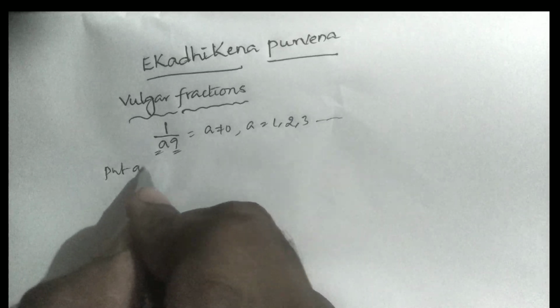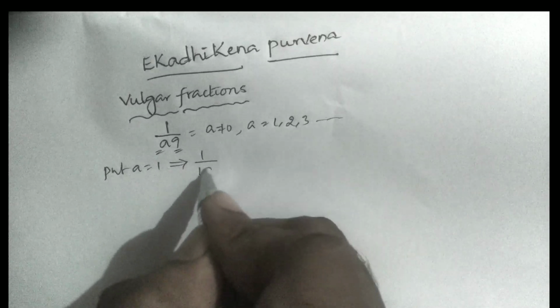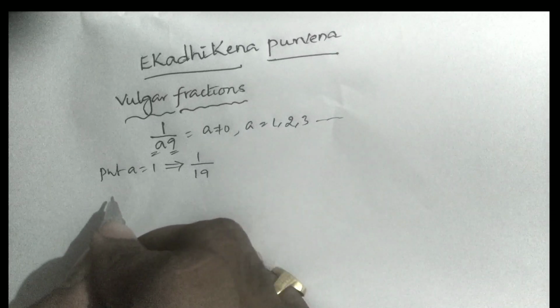For example, put a equal to 1. The fraction becomes 1 by 19.